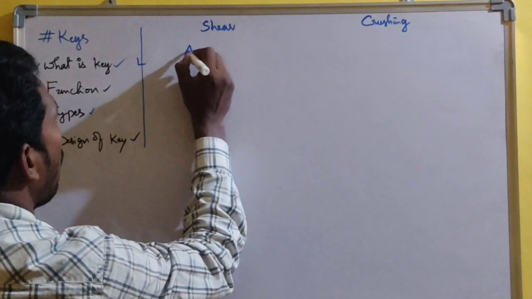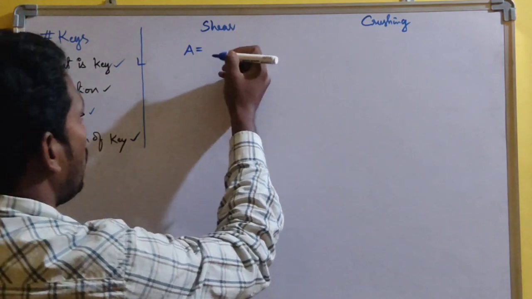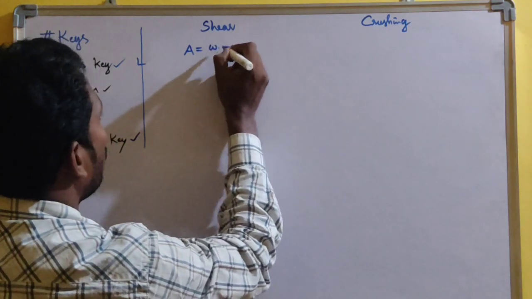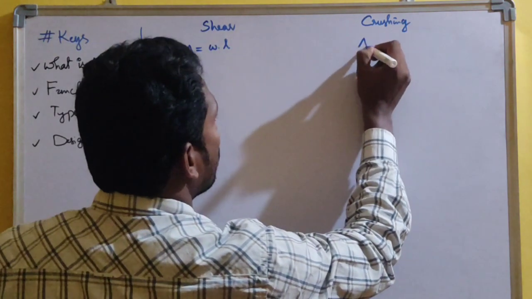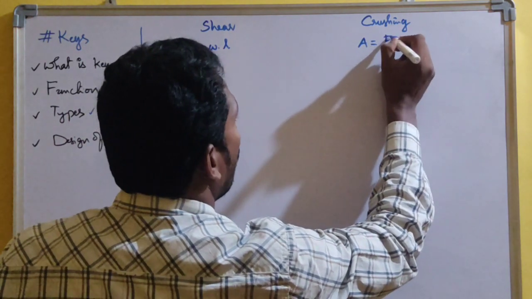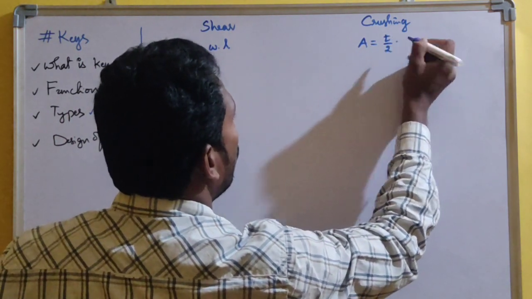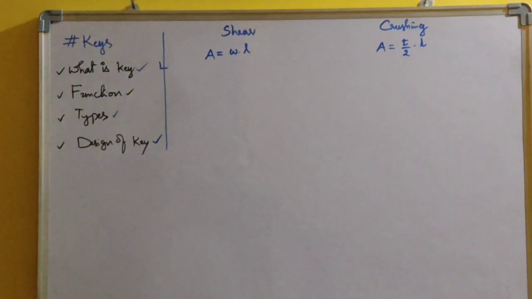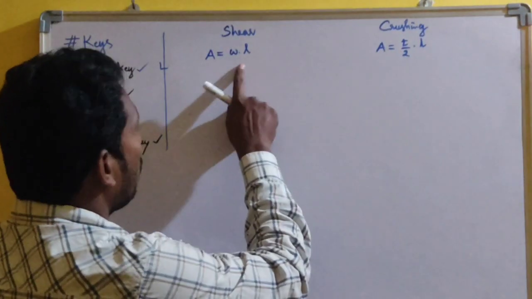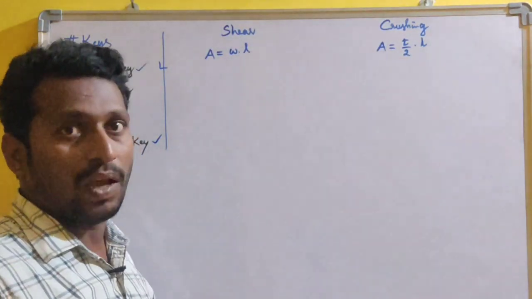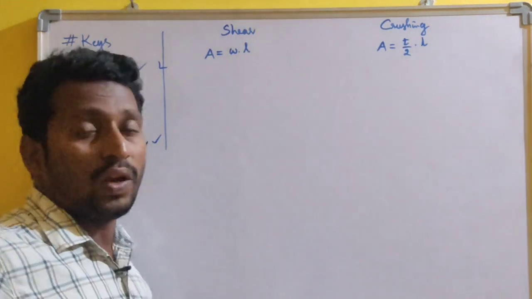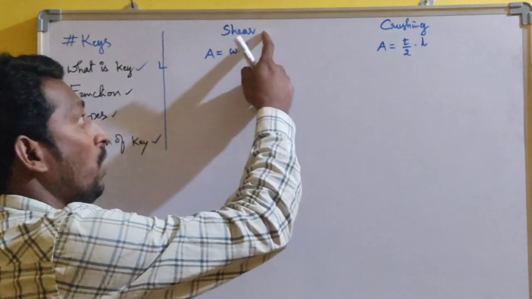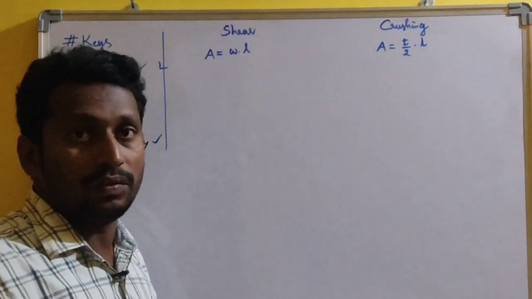So here the cross section area for shear failure is W into L, and for crushing the cross section area is T by 2 into L. So we have taken the two cross section areas according to the two kinds of failures. The first one is shear failure and the second one is crushing failure.